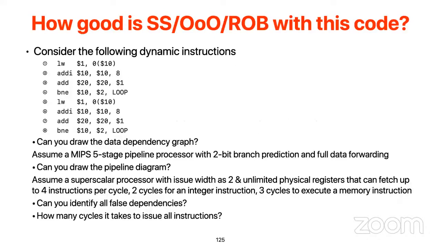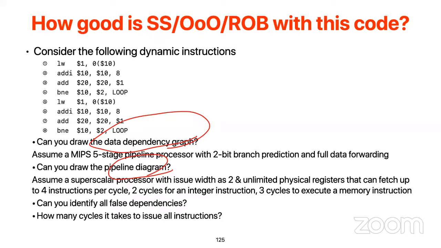And then we talk a lot about out of order scheduling. The spirit of out of order scheduling is the data dependency graph. So can you draw a data dependency graph? And if you have a pipeline processor, can you draw the pipeline diagram?